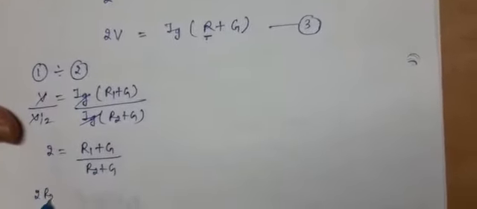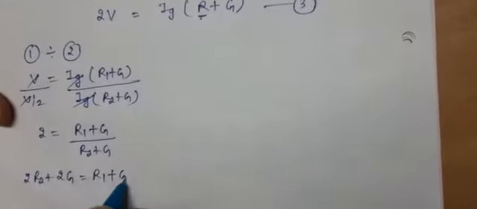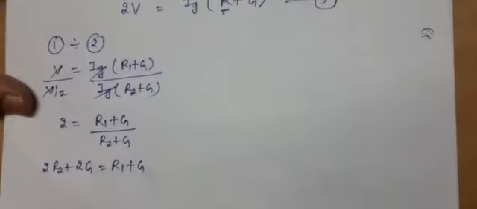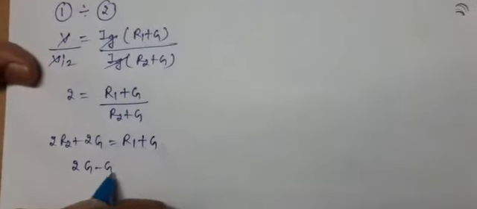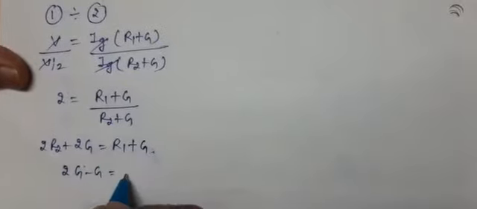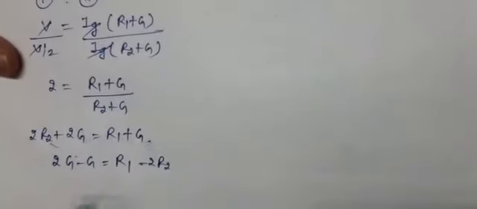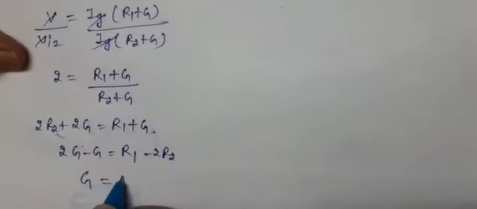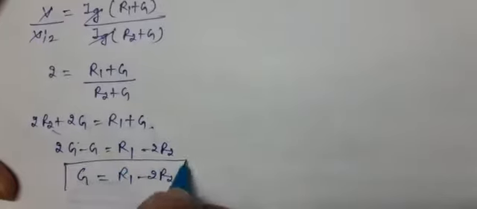So 2R2 + 2G = R1 + G. From here we will obtain the value of G. So 2G minus G, this G will come on the left side, then R1 minus 2R2. It means G comes out to be R1 minus 2R2.